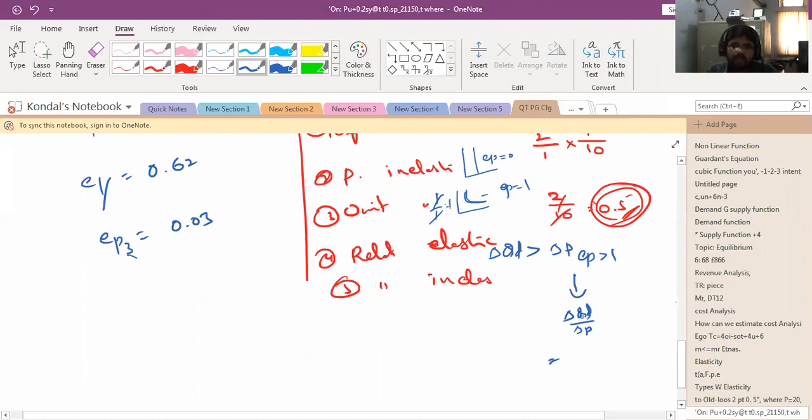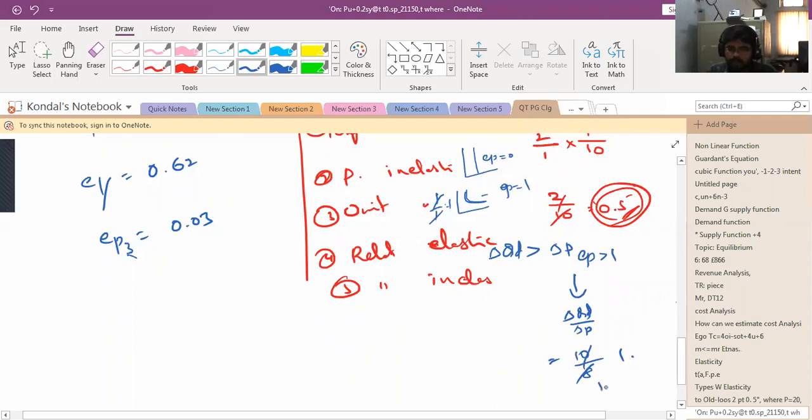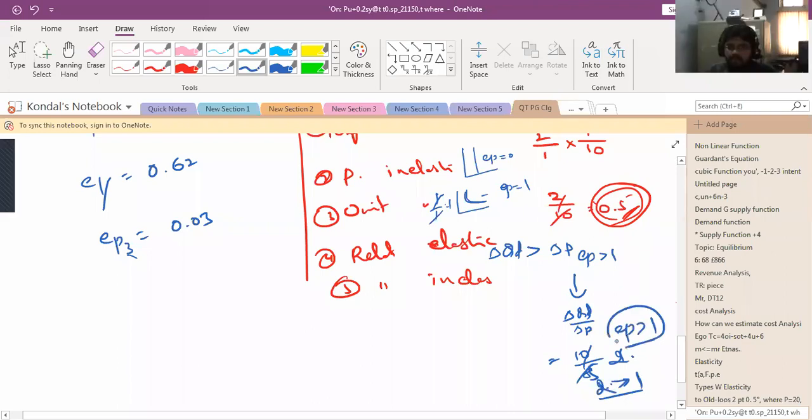If the change in quantity demanded is 10 and the change in price is 8, how much will we get? 1 point something, which is greater than 1. For example, if you take 10 by 5, you will get 2. So here 2 is greater than 1, so the elasticity of price is greater than 1. Have you understood that point? Relatively elastic demand. Yes, sir.